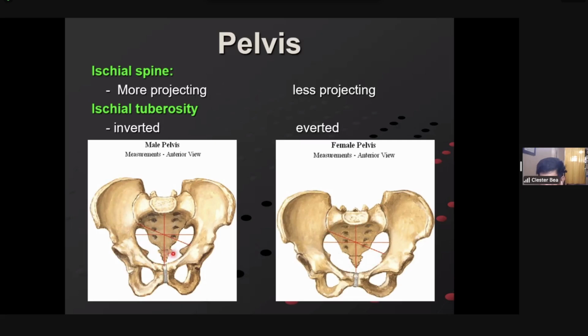So the more projecting the ischial spine is, the lesser space you will have there. It's a characteristic in the female pelvis that you have a wider space there because of the less projecting ischial spine, thus more conducive for childbirth.